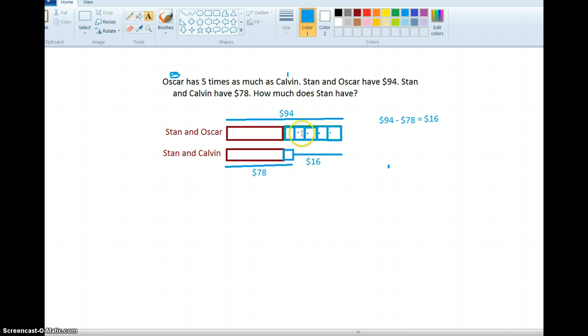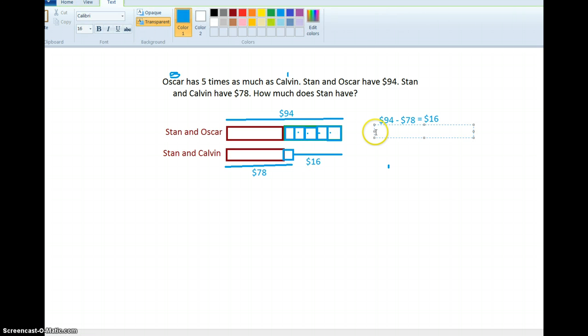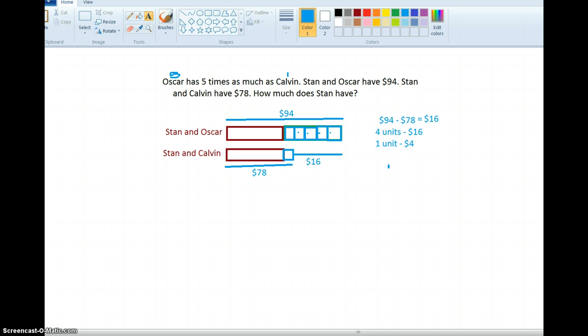So we know 4 units, 4 of these blue rectangles is $16. So 4 units, $16. Therefore, 1 unit would be $4. So this is actually $4.